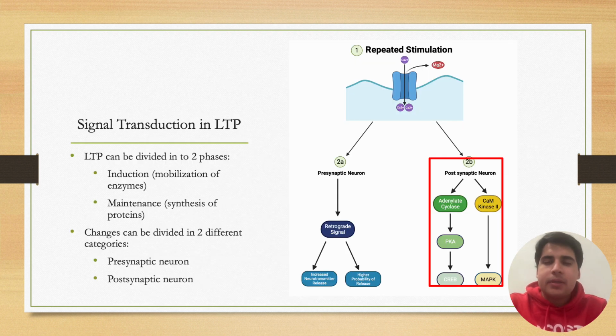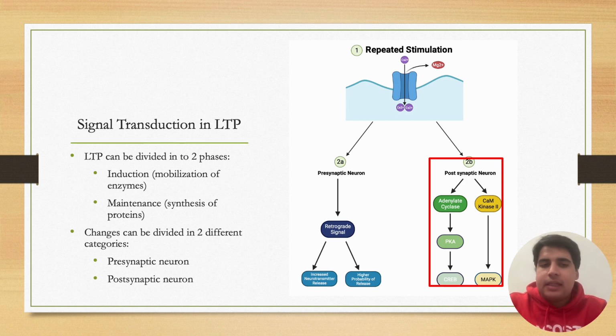Now let's talk about the different pathways involved in long-term potentiation. Essentially, as we talked about, repeated stimulation of the AMPA receptors causes the magnesium ions blocking the NMDA channels to be displaced, which allows calcium ions to rush into the cell through the NMDA receptors, which depolarizes the postsynaptic neuron. And furthermore, LTP can be divided into two distinct phases.